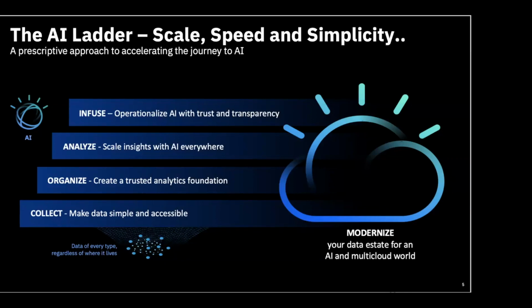So this is where operationalizing AI comes into the picture. And that's where we need to implement the AI solution to processes, business applications. And once these AI systems are already running, then we also need to keep monitoring them to make sure that they are still performing well and they are healthy.